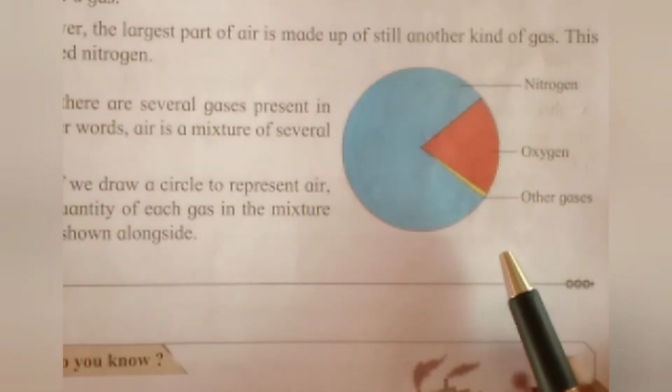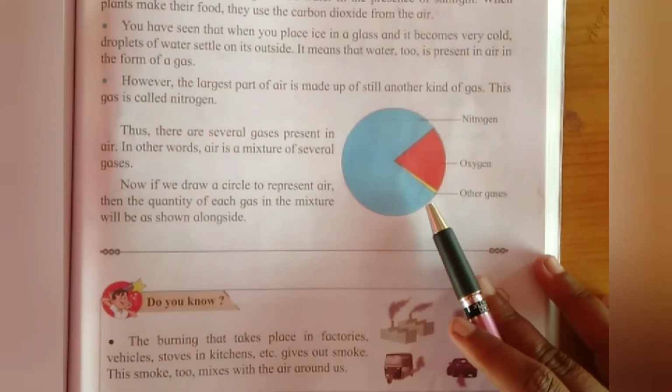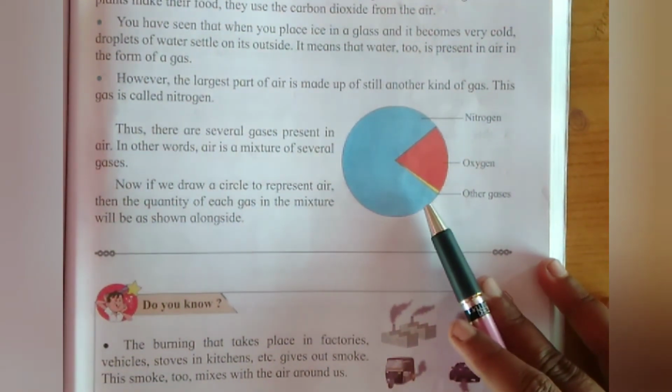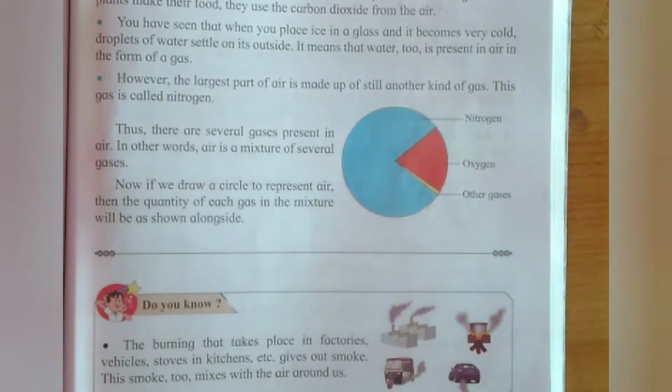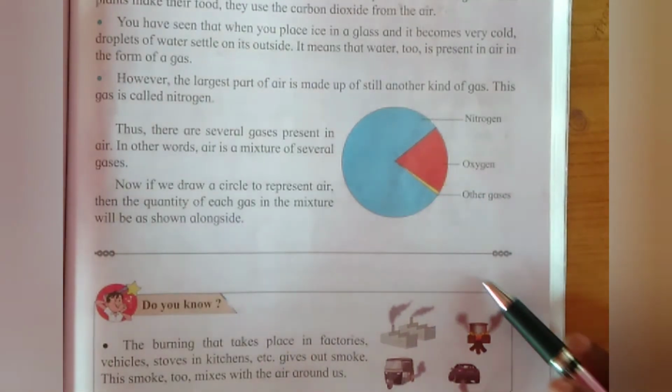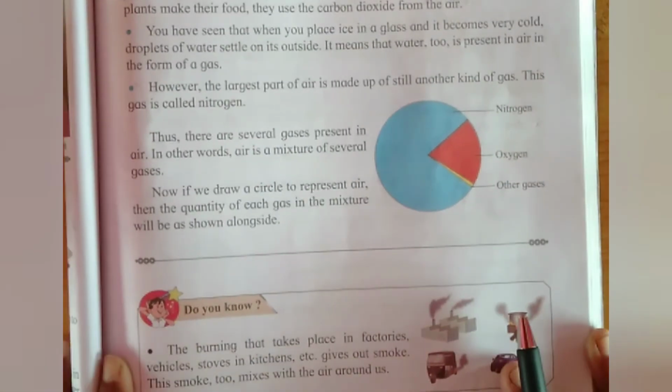So students, what can we say from this observation? In largest quantity, which gas is present? Nitrogen gas. Then oxygen gas. And in very small proportion, other gases are also present in the air.